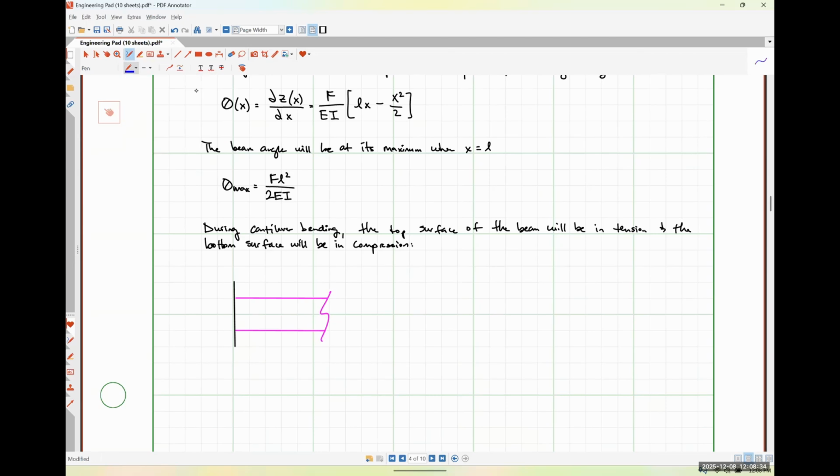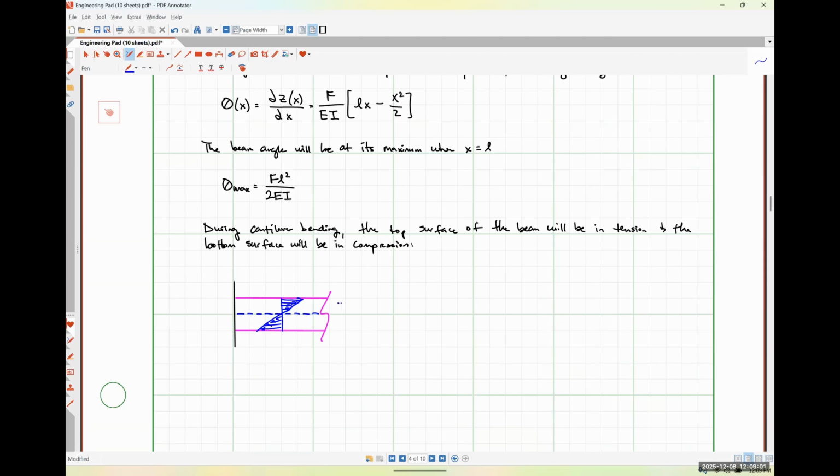So if I draw an axis along here, what I should see is that I've got kind of a profile like this of what's going on, right?